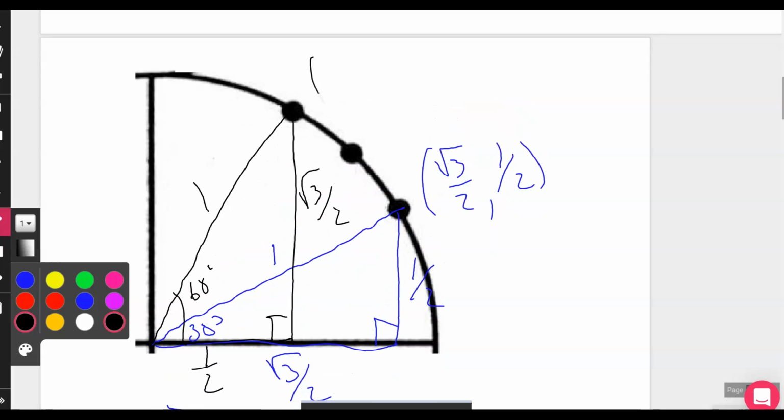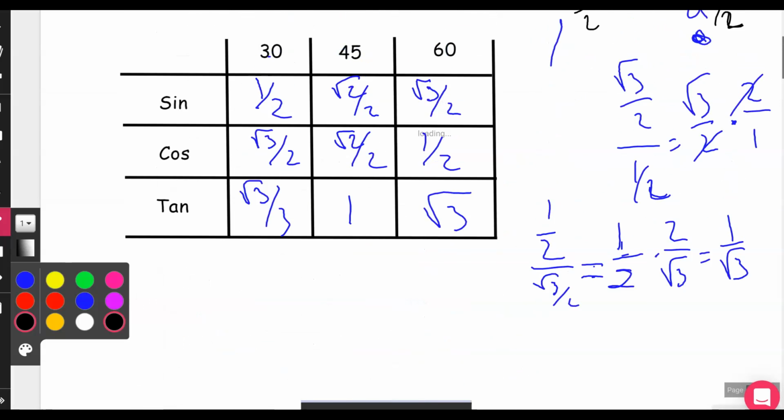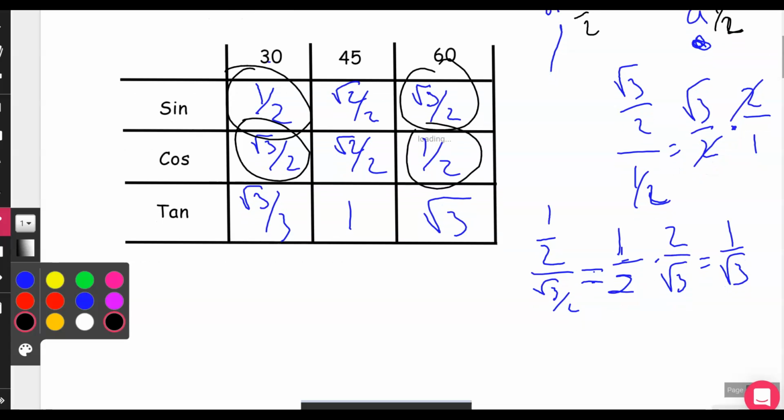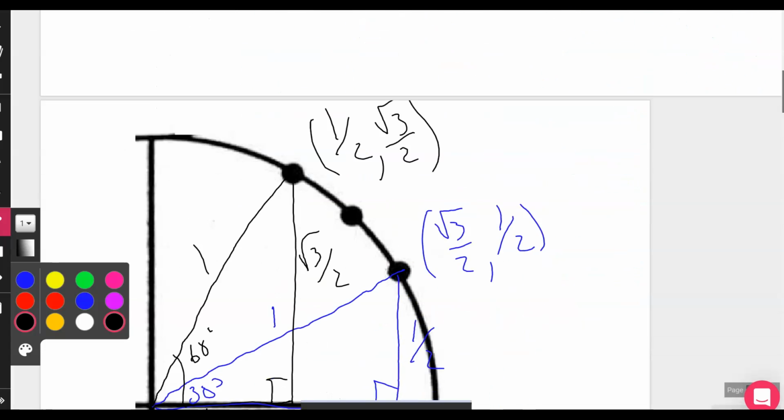Okay, now the ordered pair, the x is 1/2, and the y is root 3 over 2. Okay, now, go back to our table, second. And what I want to focus in on are these two things and these two things. Okay, so sine at 30 is 1/2, and cosine at 30 is root 3 over 2.